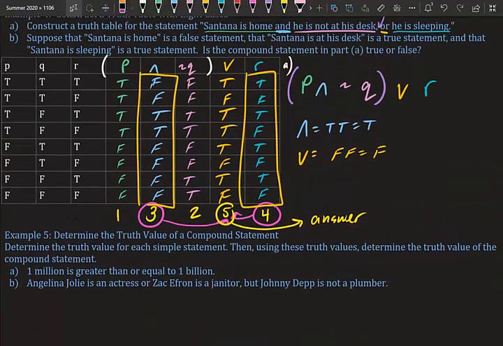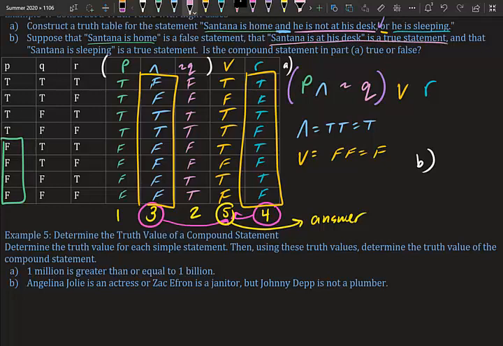All right, part B. Part B is, suppose that Santana is home is a false statement, Santana is at his desk is a true statement, and Santana is sleeping is a true statement. Is it true or false? So we're talking about Santana is home, that's P, is false. So Santana home is false is all right here. Then we're going to narrow it down some more. We're saying Santana is at his desk is true.